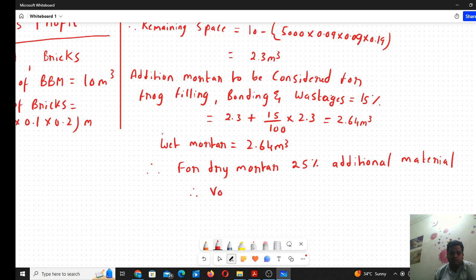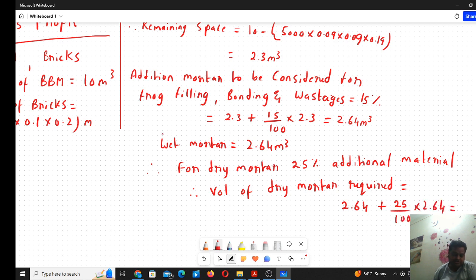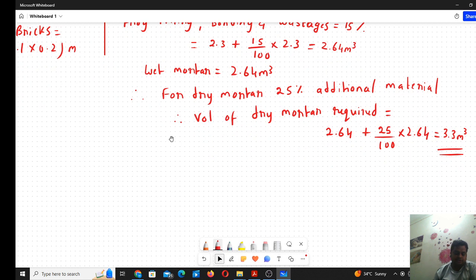Therefore, volume of dry mortar required is equal to 2.64 plus 25 by 100 of 2.64, which comes out to be 3.3 m cube. 3.3 m cube of dry mortar is required for brick mortar.